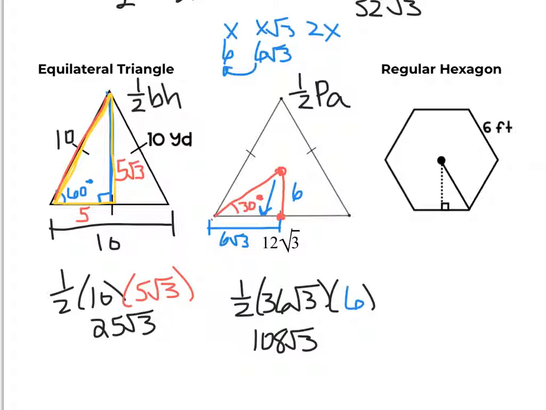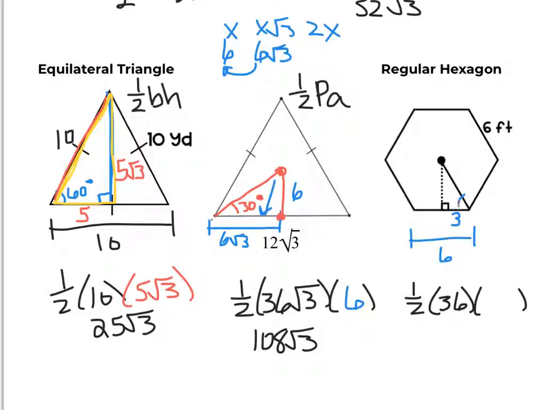Finally, for a hexagon, we're going to do 1/2 perimeter times apothem as well. So 1/2, I'm given a side length of 6, so my perimeter is 6 times 6, which is 36, and I need to find my apothem. So if the whole side is 6, then half of it is 3.